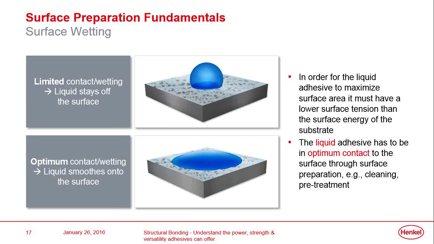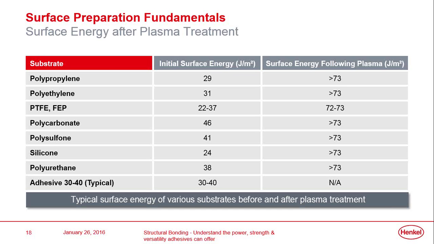And if we were to look at a table, what we've done here is we've selected all the non-stick materials, or most of them. Polypropylene, mostly considered to be non-stick, polyethylene, PTFE, silicone rubber, all these difficult to bond to materials. And if you look at the amount of energy they have, they're all quite low values.